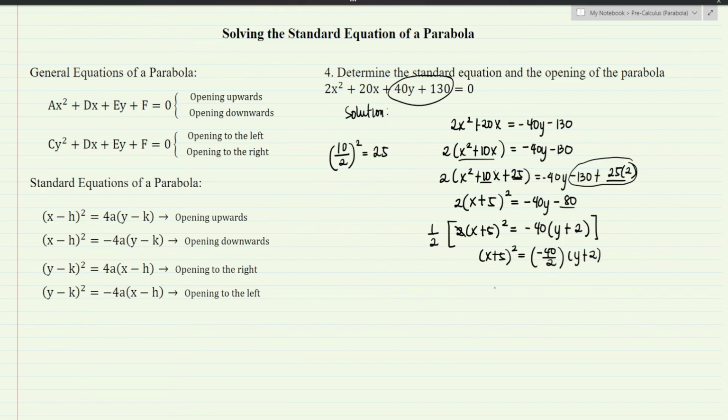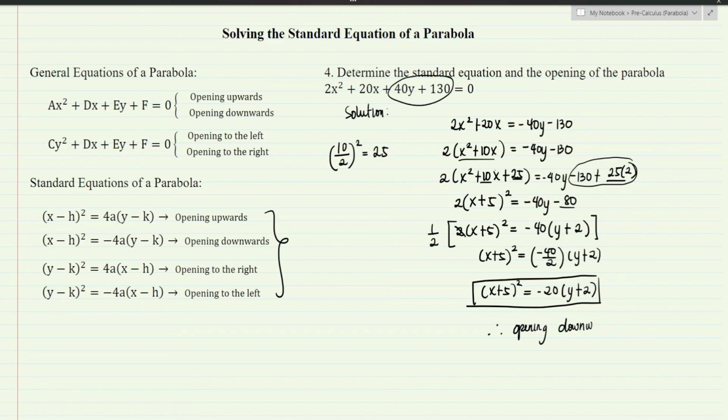Simplifying this value, the standard equation is x plus 5 squared equals negative 40 over 2 is negative 20 multiplied by y plus 2. So this is now our standard equation. And by comparing the standard equation to one of these equations here, we can say that the opening of the parabola is downwards.